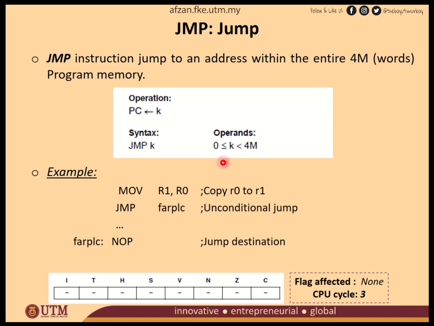This is the syntax: JMP K, in which K is the memory address in your program memory, depending on your program memory size. This K is put into your program counter, and then the program counter knows that you want to go to that location.